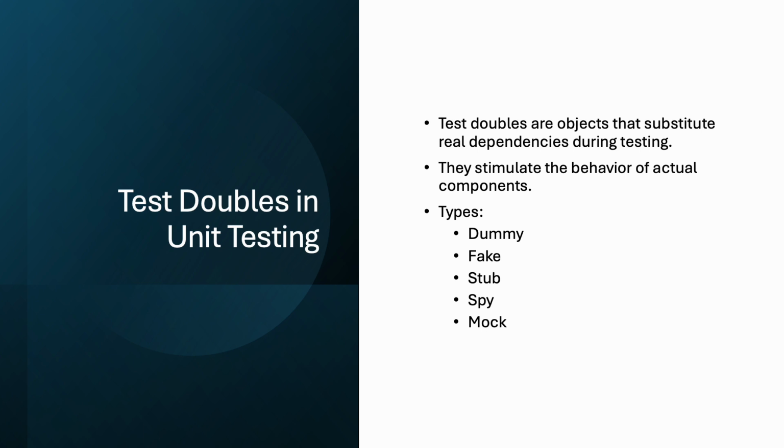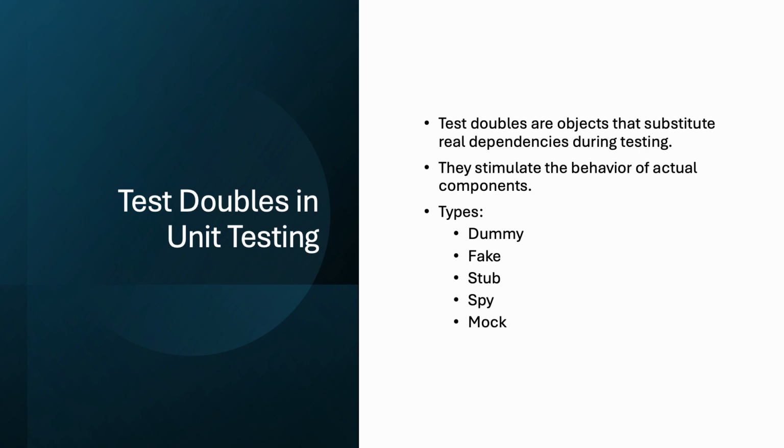It's pre-programmed with expectations about which methods will be called. So imagine you're testing a feature that sends emails. Rather than sending real emails, we'd use a mock email service to confirm that the feature calls the service correctly with the right parameters.